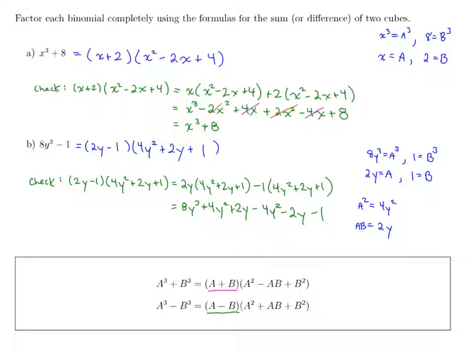So I have 8y cubed plus 4y squared plus 2y minus 4y squared minus 2y minus 1. That positive 4y squared and negative 4y squared sum to 0, so they're gone. And then positive 2y and negative 2y also sum to 0. So what I'm left with, when this is fully simplified, is simply 8y cubed minus 1, which is exactly what I wanted.